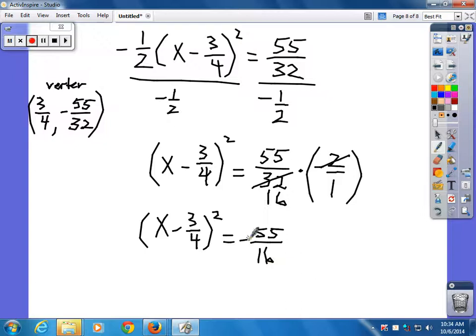And what do we know about negative 55 over 16? What does negative 55 over 16 mean? Nobody in the class knows. Decimal? 16 is a perfect square, so look back in your notes.